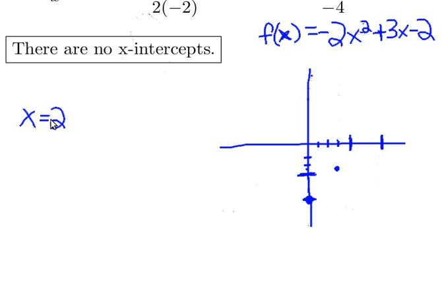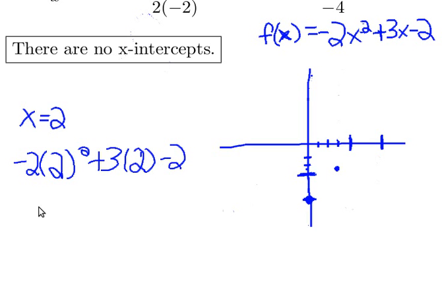So that means that I'm going to figure out where along this line, more or less, the point is going to be. So if x equals 2, then we have negative 2 times 2 squared plus 3 times 2 minus 2. This part right here is going to give us negative 8.